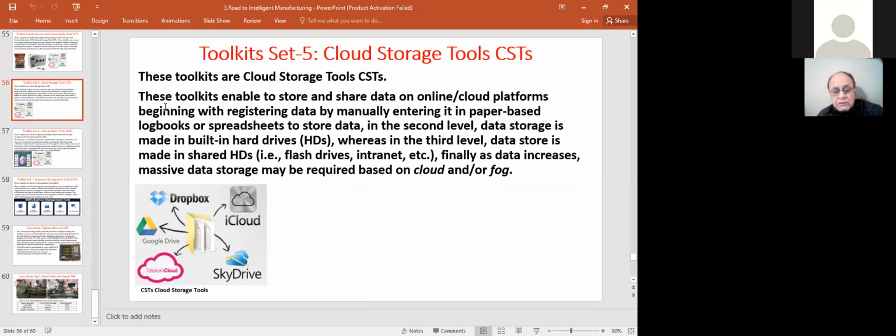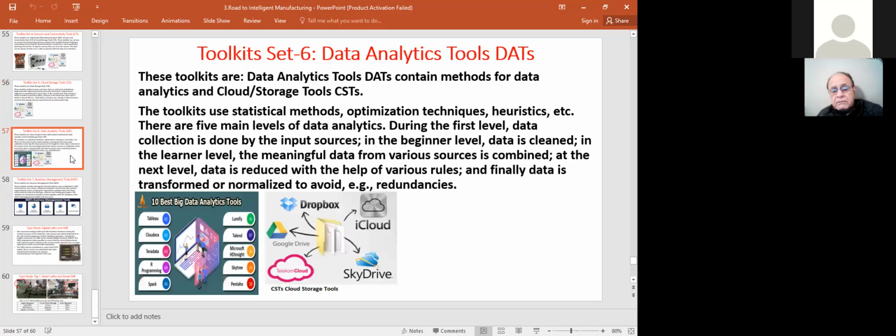Cloud storage tools we have talked about, and management tools are really making use of big data analytics and the large storage that is done by cloud computing.